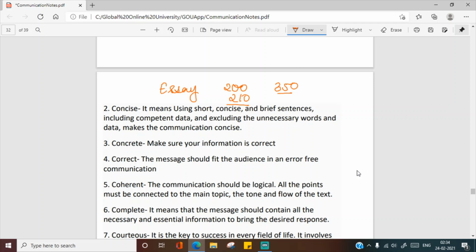For instance, if the teacher asks a question in class, make sure that your answer is right. Unnecessarily, just to show the class that you know the answer, you shouldn't just say anything. Only when you know the answer should we say it. So your communication or information should be concrete, it should be correct. Fourth is correct, which means the message should be error free.